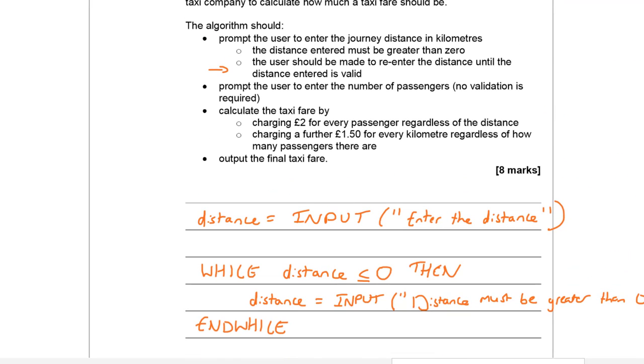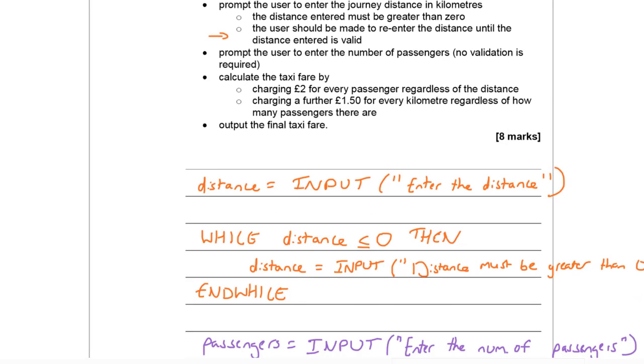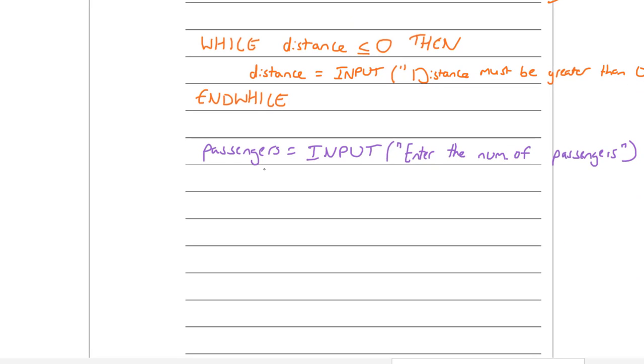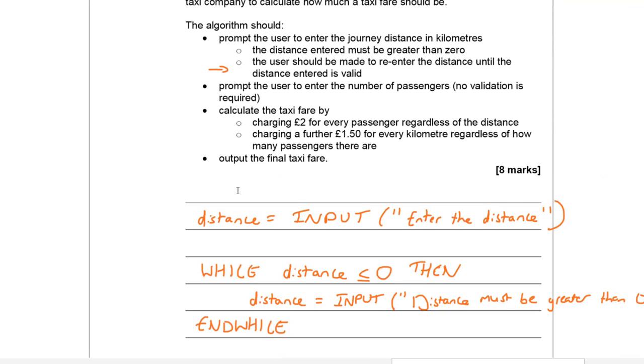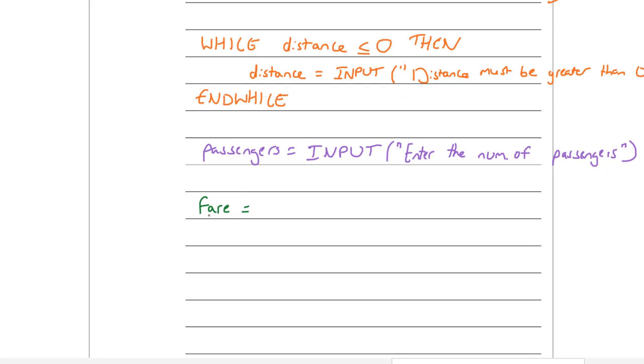So maybe we could just do this in one line, I suppose. Well, let's do it in 2 lines, because let's do an actual variable for the fare. So let's say fare equals, and then what is this calculation? We're saying we want £2 for every passenger. So first of all, we're doing 2 times passengers plus, what is it for distance?